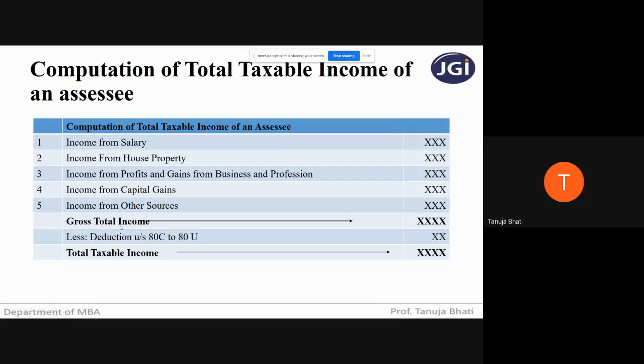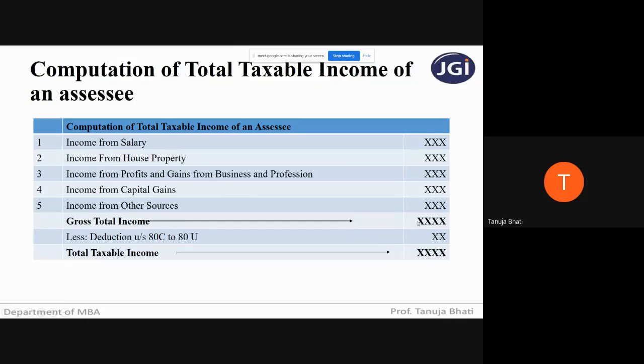And from this gross total income, we have permissible deductions as per the Income Tax Act, from section 80C up to section 80U. Whatever sections are there, that is a benefit given to an individual or an assessee from the gross total income.